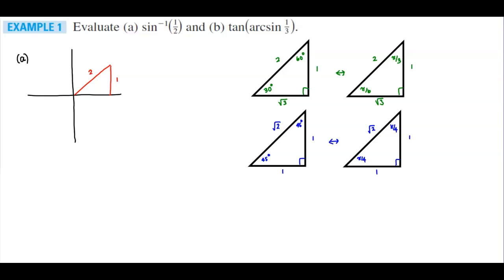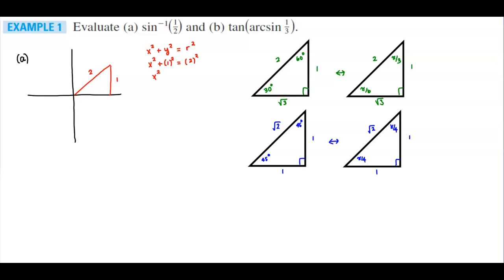Okay? So again, if we wanted to figure that out, remember the Pythagorean theorem is x squared plus y squared equals r squared. So we don't know what x is, but if we wanted to figure it out, we would say x squared plus y squared, which is 1 squared, equals r squared, which is 2 squared.